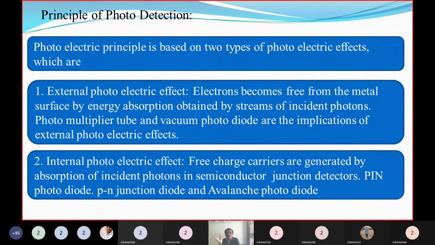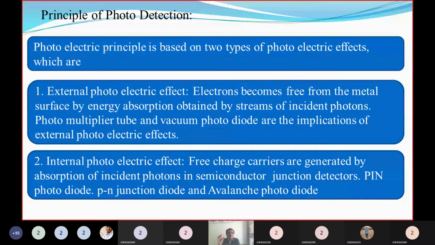That means the electron will escape from the metal surface. It will come out of the material, so this effect we will call the external photoelectric effect.